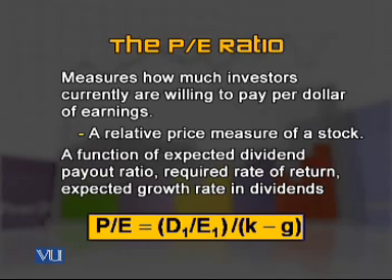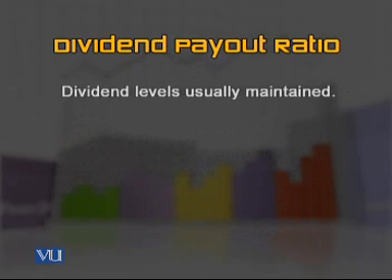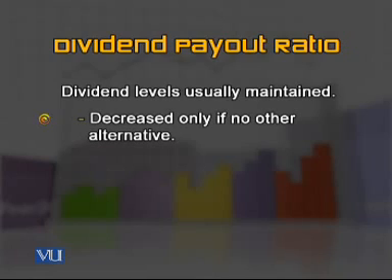So, we must understand the other partner in the price earning ratio is the dividend payout, the capacity of the company to pay out. Now, the dividends usually are maintained but are decreased only if no other alternative is available. You try to maintain a stable payout ratio.